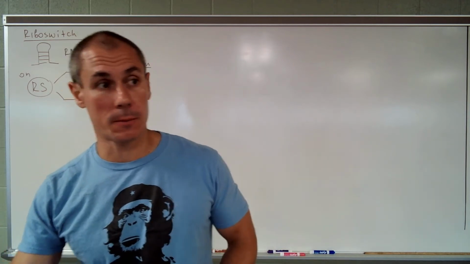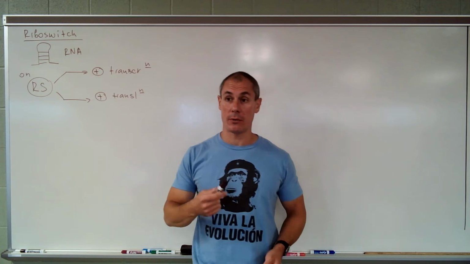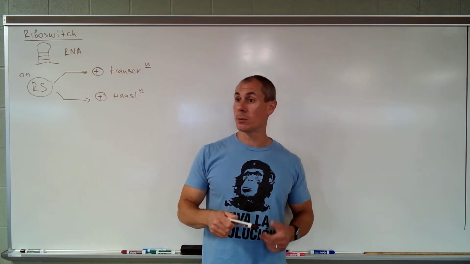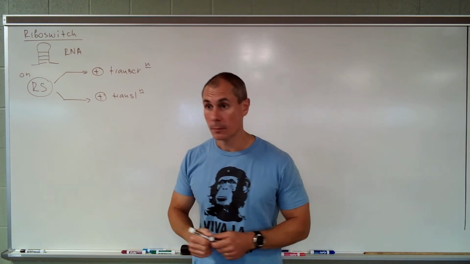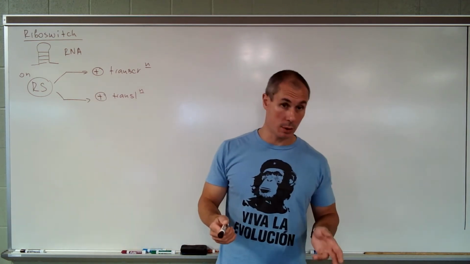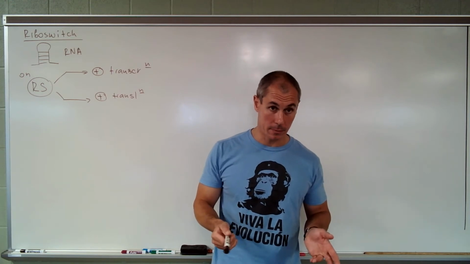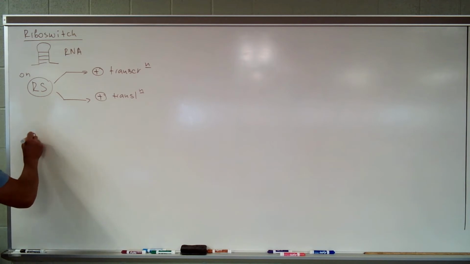Now imagine that the result of this gene expression is some kind of an enzyme that produces some molecule, and it turns out that this particular molecule can bind to a riboswitch and completely change its structure. Does that make sense? So when you change the structure of the riboswitch, you put it in the off position.